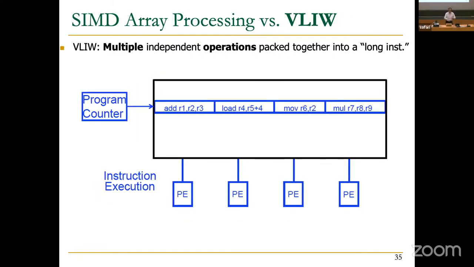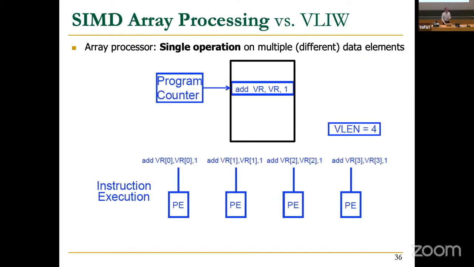VLIW actually can exploit more general purpose parallelism, as you can see, as long as it's discoverable by the compiler and packable into instructions like this. VLIW guarantees that these can be concurrently executed. An array processor also guarantees that this instruction specifies 4 operations, in this case, vector length is 4, that can be concurrently executed because they're independent of each other, because of a different semantic property.